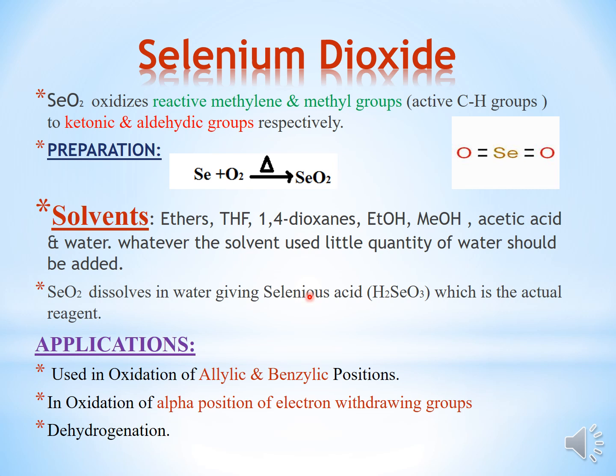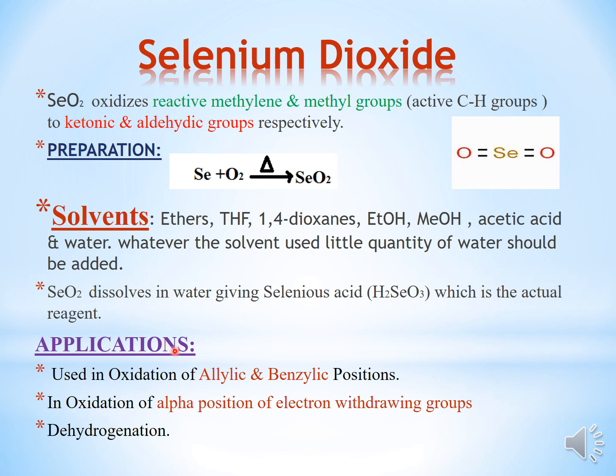Because if we do the reaction and synthesize the crude product, from the crude product you have to extract an acid. You add acetic acid and recrystallize with acetic acid, and the recrystallized product is your pure product, the actual product. Because of that, we say this is the actual reagent.